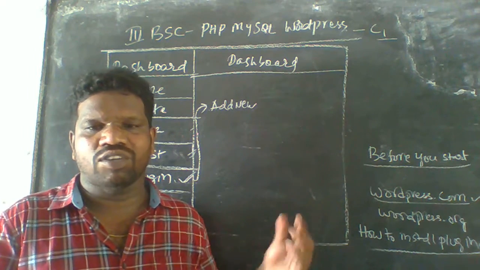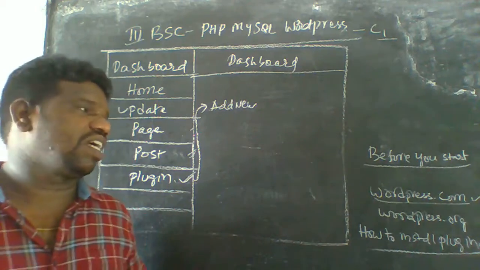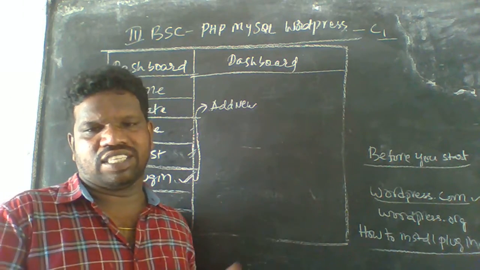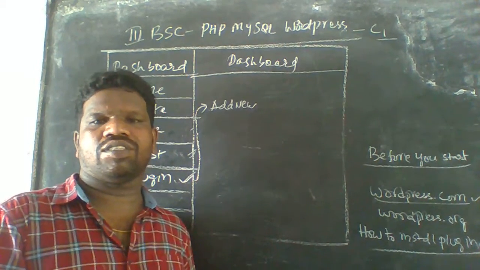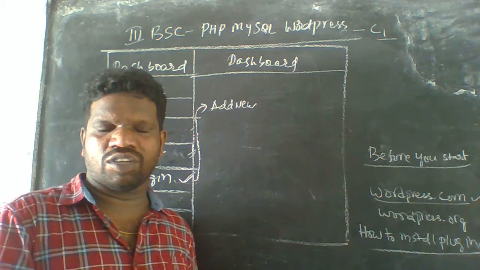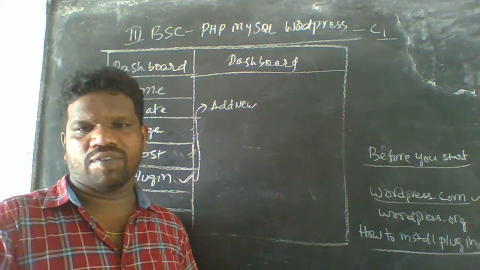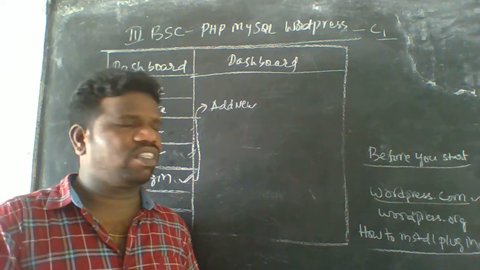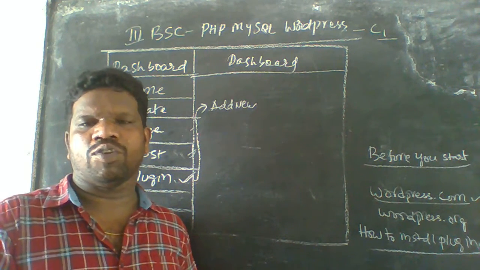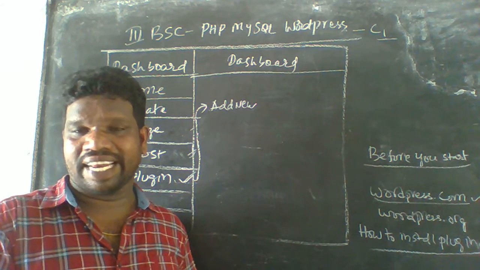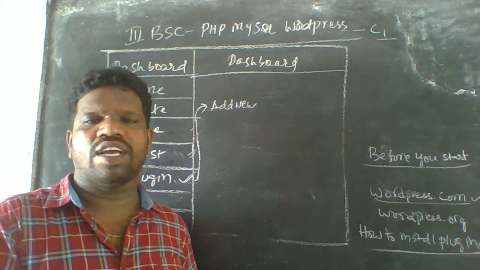Open the FTP client on your computer and connect to your website using the login credentials provided by your web host. Once connected, go to the wp-content/plugins folder on your website.